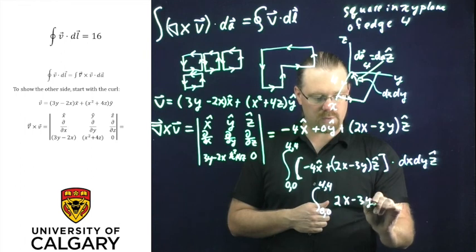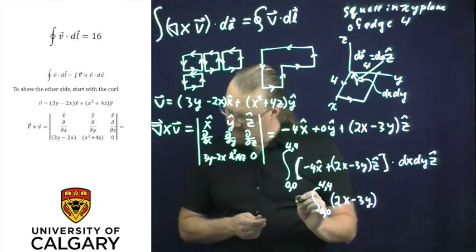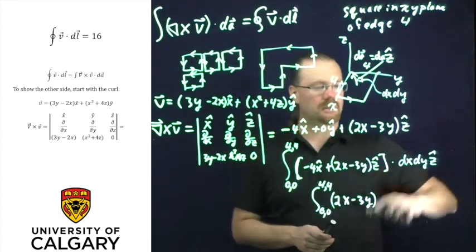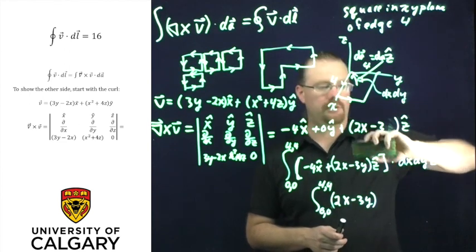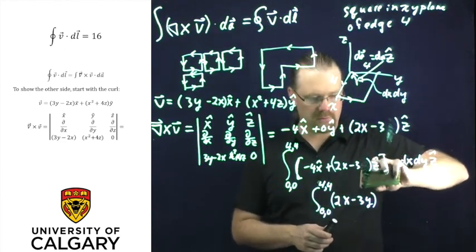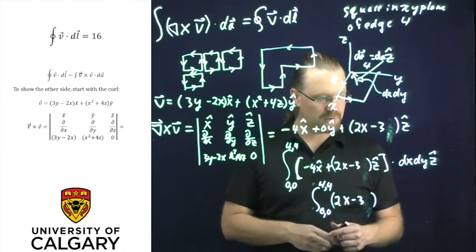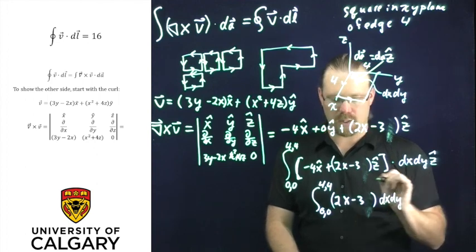2x minus 3y, pardon me, I made a little mistake. This is 2x minus 3. So that's minus 3. That's minus 3. dx dy.